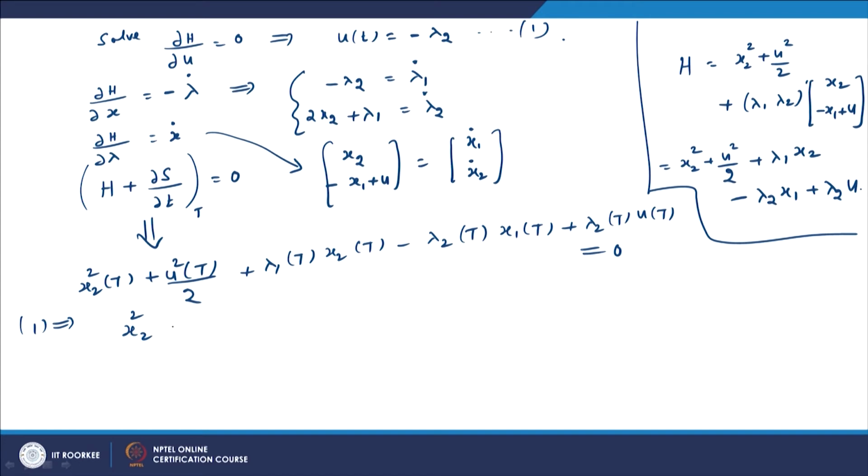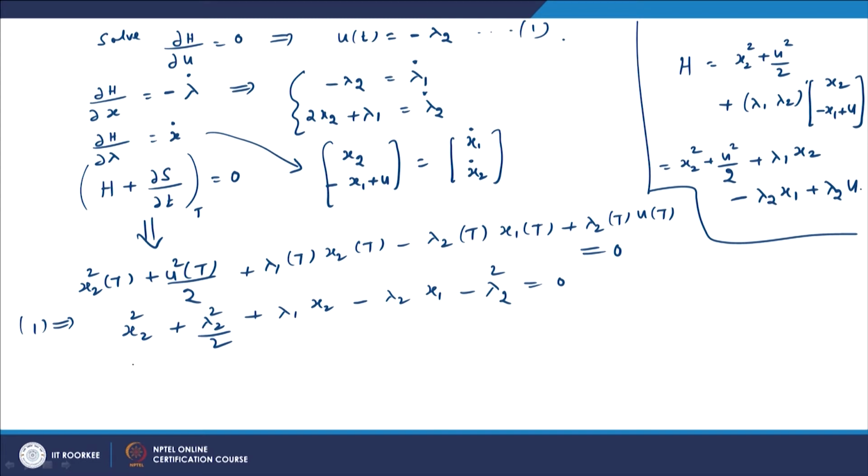So, x2 square plus u square by 2, it will be lambda 2 square by 2 here plus lambda 1 into x2 at capital T minus lambda 2 at t and x1 at t. Here again u of t is minus lambda 2, if you substitute it is minus lambda 2 square equal to 0. So, here we have lambda 2 square by 2 etc.